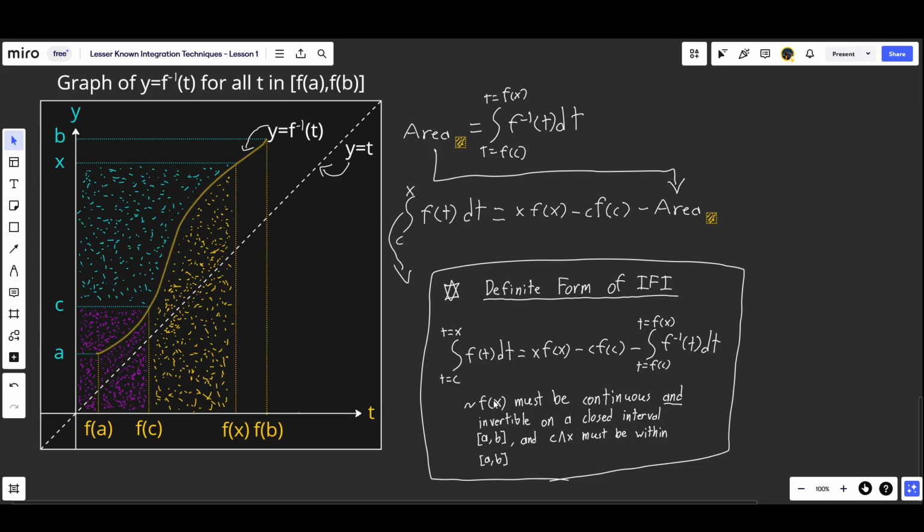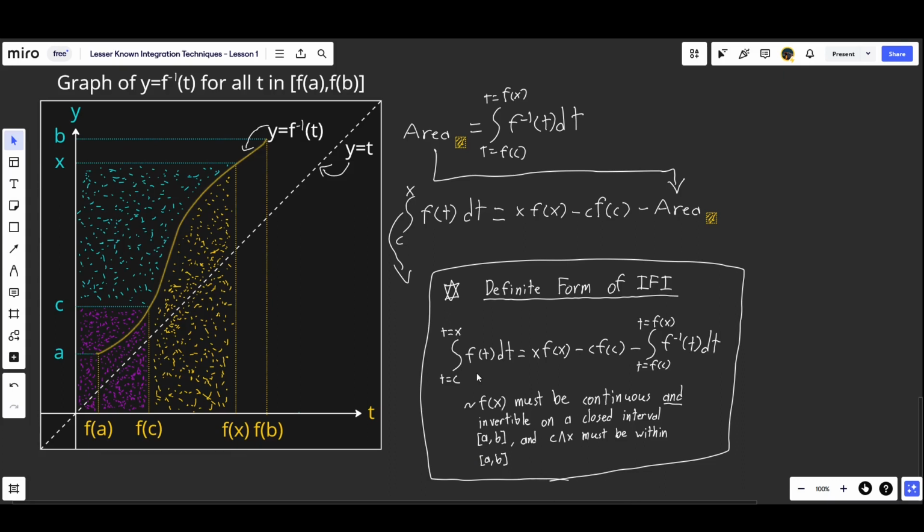And f of t must be a continuous and invertible function on a closed interval a to b, and c and x must be values within a to b.